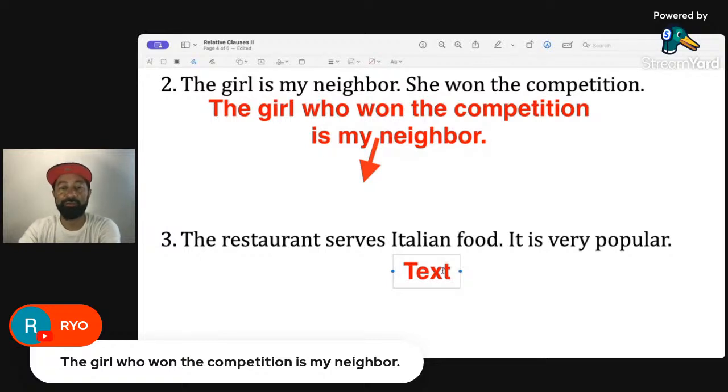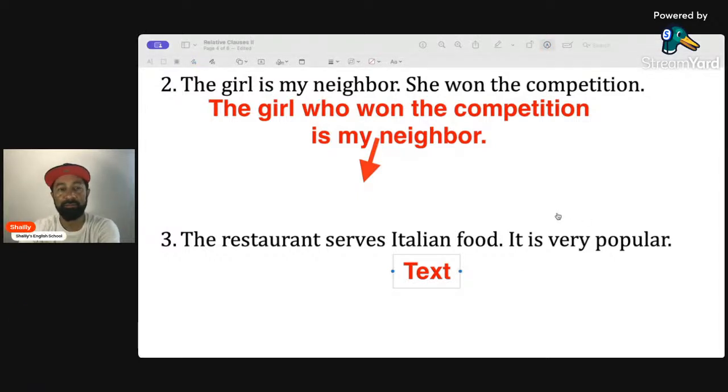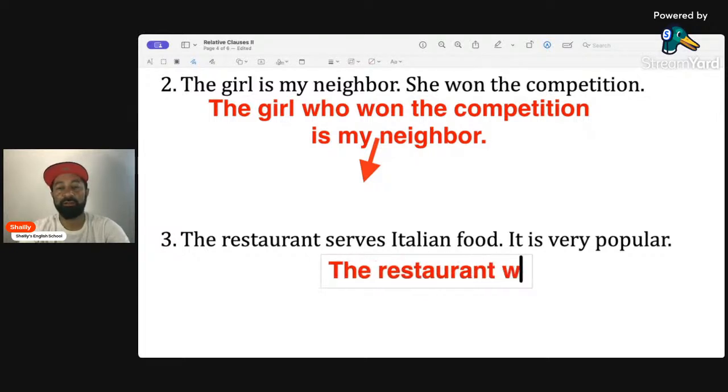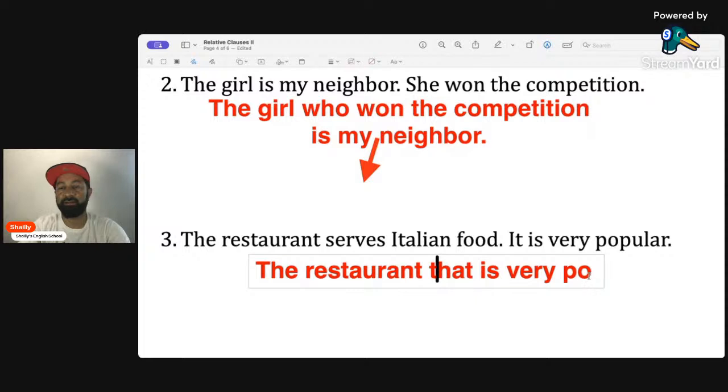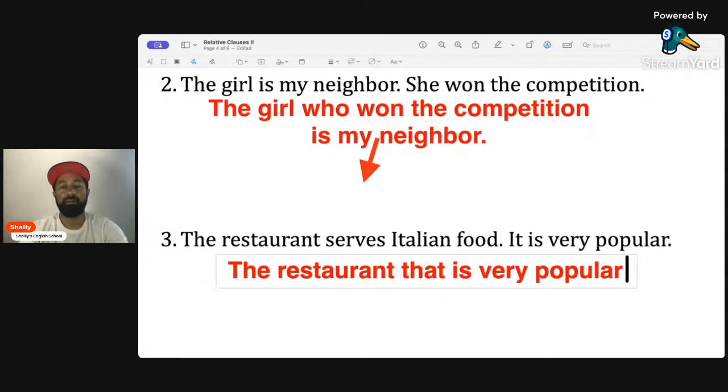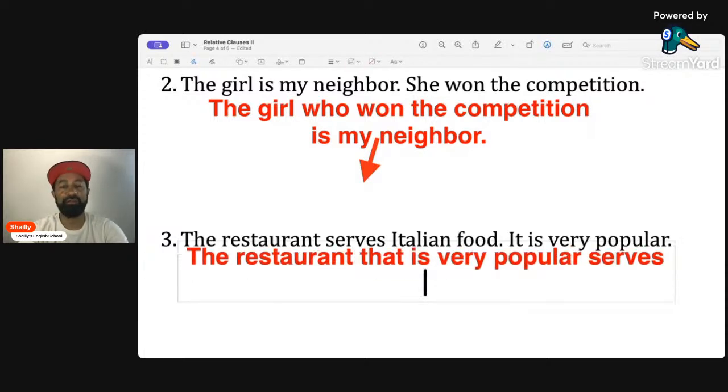All right, number 3, the restaurant serves Italian food. It is very popular. All right, so for me, I'll say the restaurant that is very popular, not what, it should be that, serves Italian food.